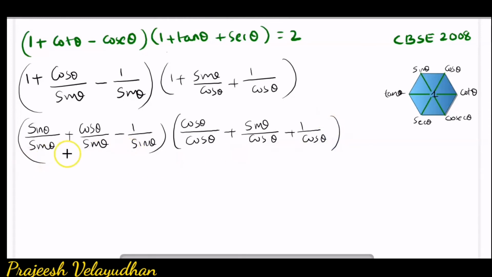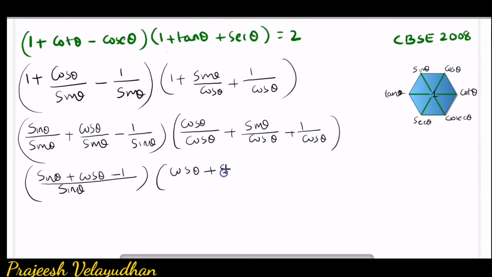Okay. So now these are like fractions and this also like fractions. So we can write sin theta common denominator, and the numerators we can add: sin theta plus cos theta minus 1 into cos theta plus sin theta plus 1 by cos theta.